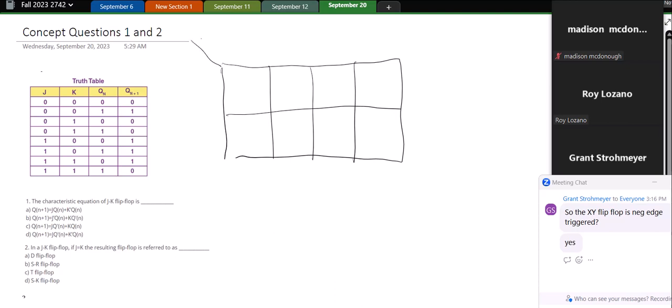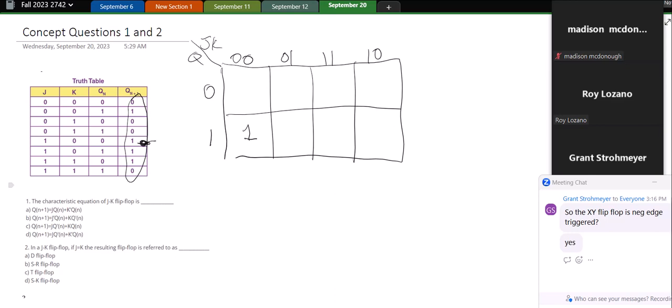Okay, so I'll have JK up here and Q here. 0, 0, 0, 1, 1, 1, 1, 0, 0, and 1. And I want to look for where my next state is 1. So that would be JK is 0 and Q is 1. JK 0, Q 1.